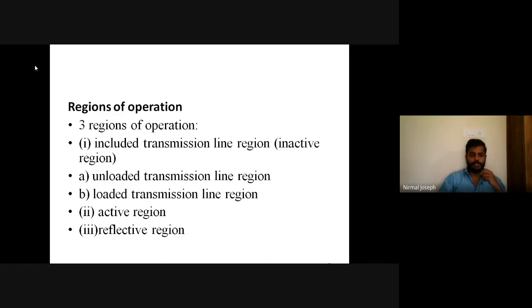Those are the 2 sub-classifications inside the inactive region. The inactive region is basically a capacitive region, the active region is basically a resistive region, and the reflective region is basically an inductive region. Those are the main 3 regions of operation of this log periodic antenna.